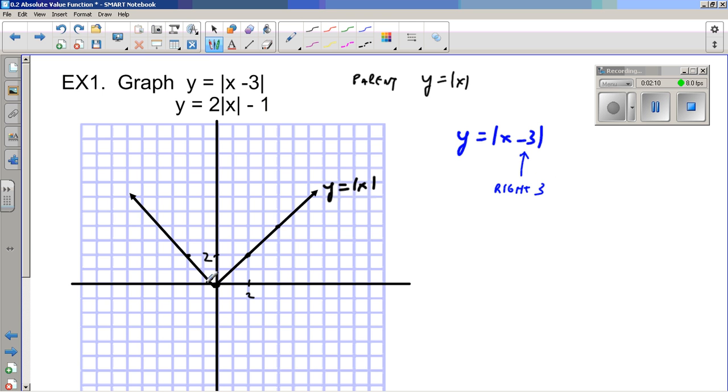And that's it. So this graph has been moved right 3, each of the points, and I could move each of my nice points right 3 if I like, or I could have just moved my starting spot and drawn the same shape graph, right? Because there's no stretches or anything like that.